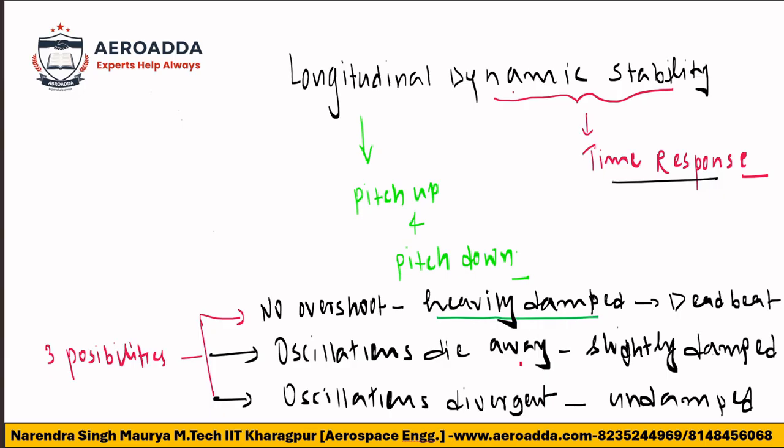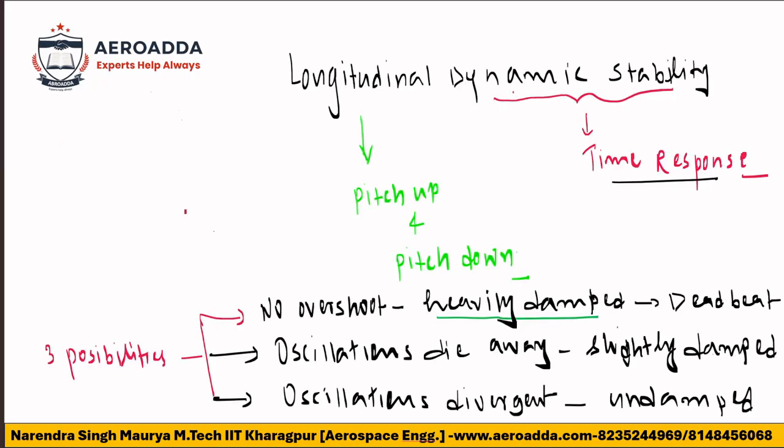See, check it now. First I will show you the deadbeat. First one I have here, I will write the numbering. One, two. Okay.